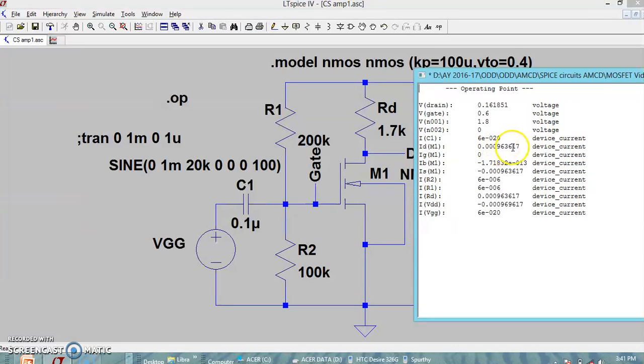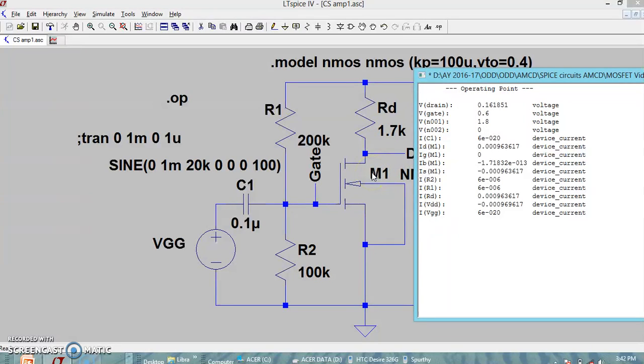This means that the MOSFET is now operating in linear region. If you want to use this MOSFET as an amplifier, we should always ensure that the drain to source voltage is more than VDS sat. So the value of RD cannot be so high that we end up with the MOSFET operating in the linear region. If the MOSFET operates in linear region, we will not get the amplification.